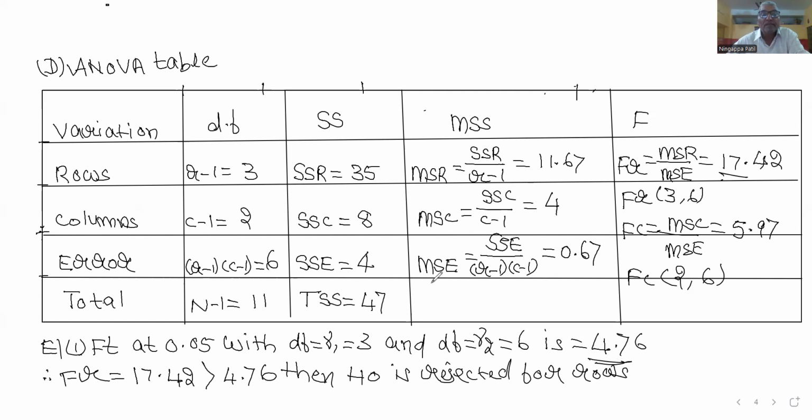And similarly, SSE divided by R minus 1 into C minus 1, this 4 divided by 6, 0.67.